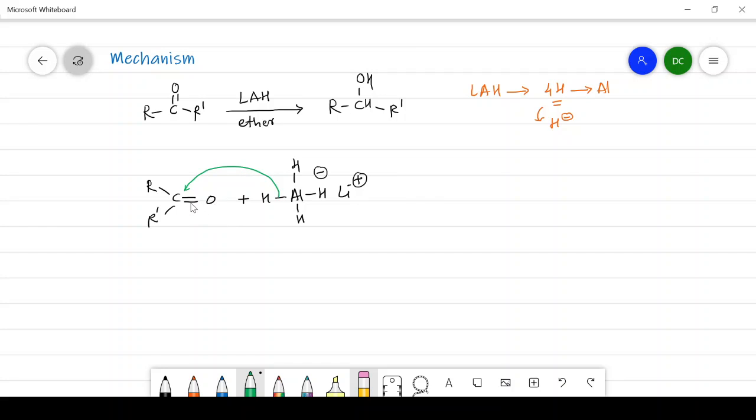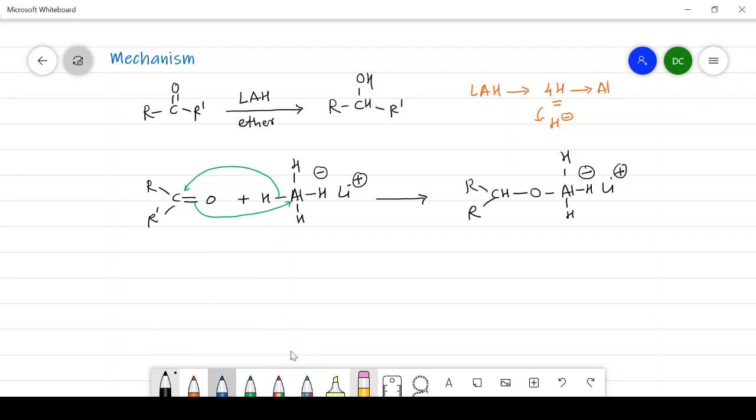The bond between carbon and oxygen shifts its electrons onto the oxygen, then the oxygen becomes negatively charged and attaches to the aluminum. This carbon is then attached to the hydrogen, then oxygen, and the remaining part is lithium aluminum hydride, with Li plus. Now this is the case of one molecule of the ketone.